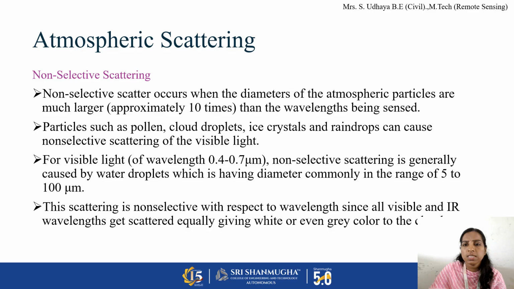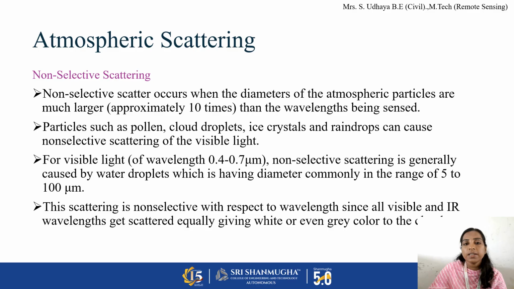Coming to non-selective scattering, the particle size is much bigger than the incident radiation, almost 10 times bigger. Particles such as pollens, cloud droplets, ice crystals, and raindrops are responsible for non-selective scattering.